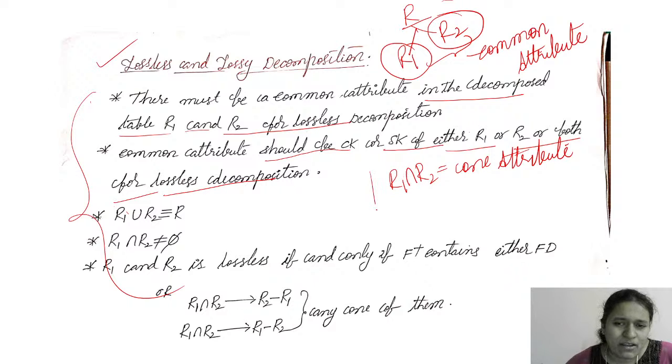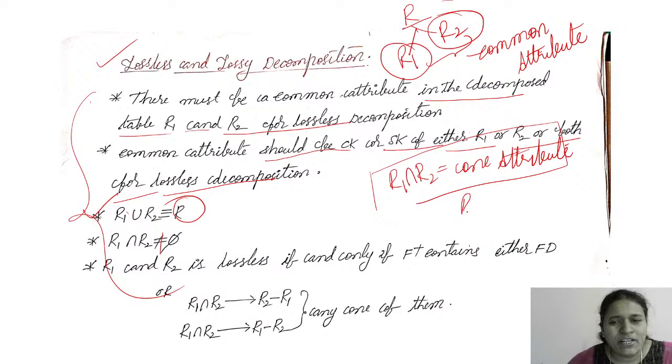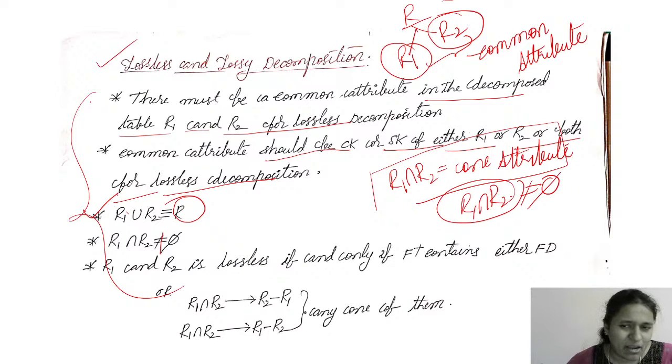Then only the decomposition will become lossless. If we combine R1 and R2, we have to get the original relation R. R1 intersection R2 should not be empty. If R1 intersection R2 is empty, then that is a lossy decomposition, right? We cannot combine the relations again, and we will not get the original relation.